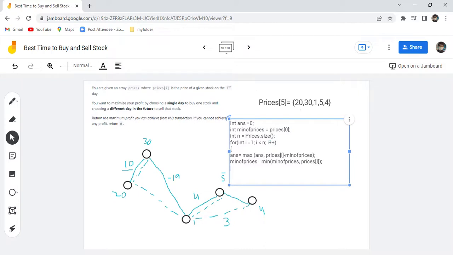So we are done with our algorithm. Now we simply have to return our answer.